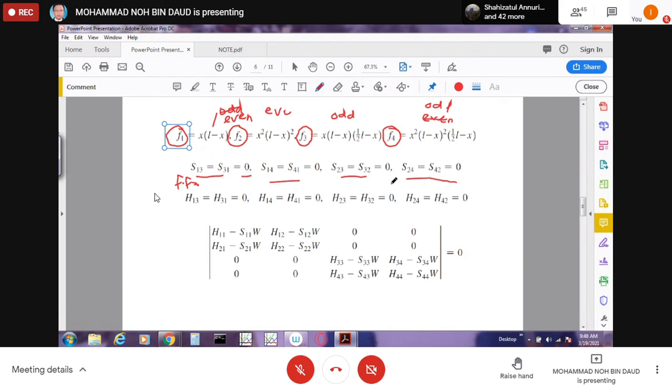So using these symmetry properties, we can simplify this matrix element. Now we get these two block diagonals of this matrix.